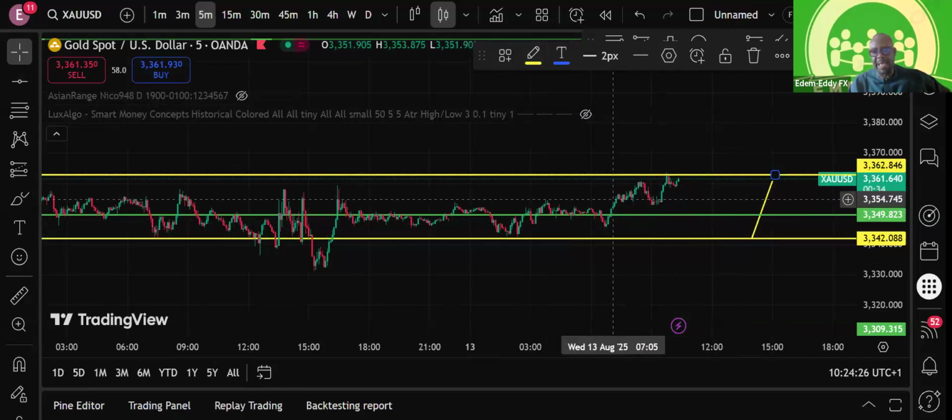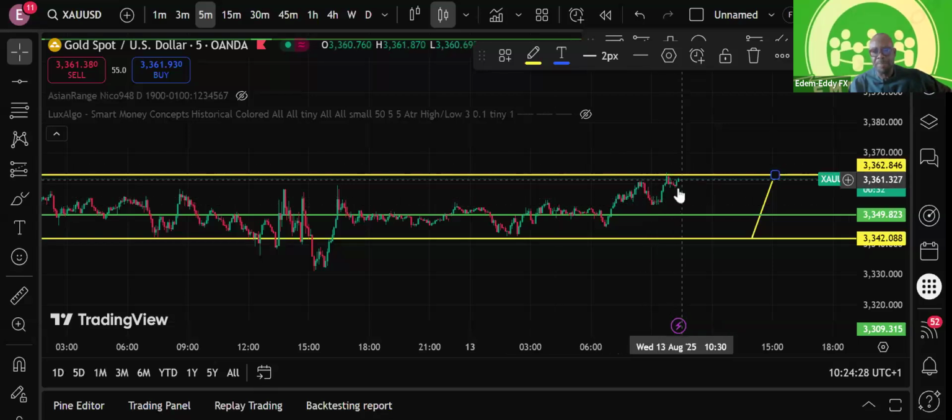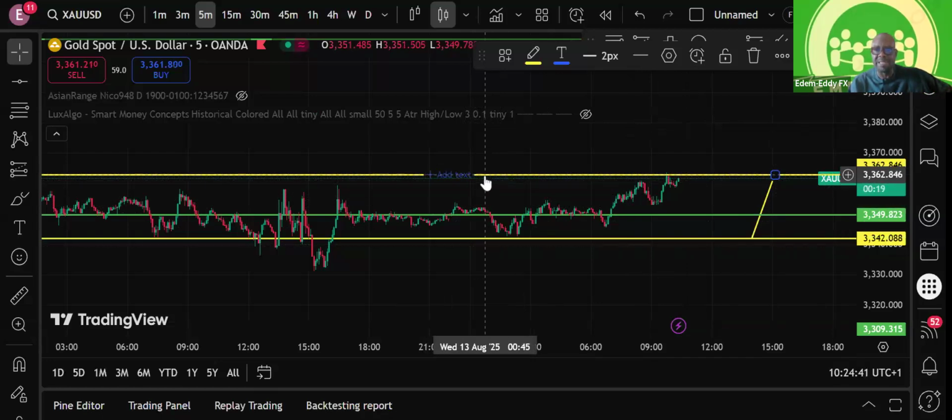And what will be your bias? Your bias is that the market has been going up, but again, the market has been ranging within this corridor marked with the two yellow lines, the support, the resistance up and the support down.